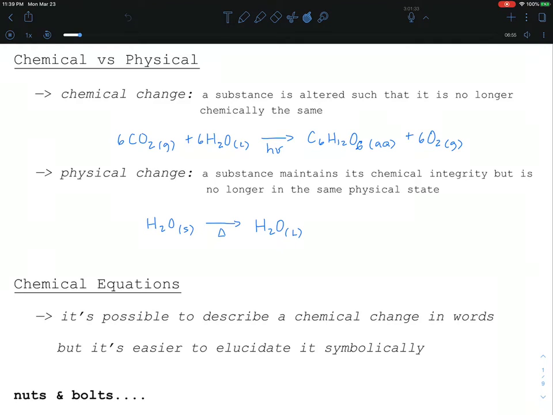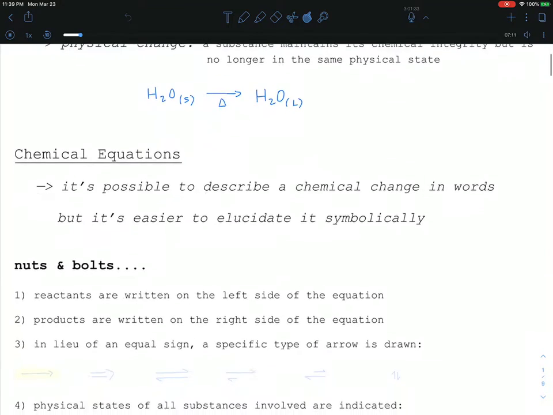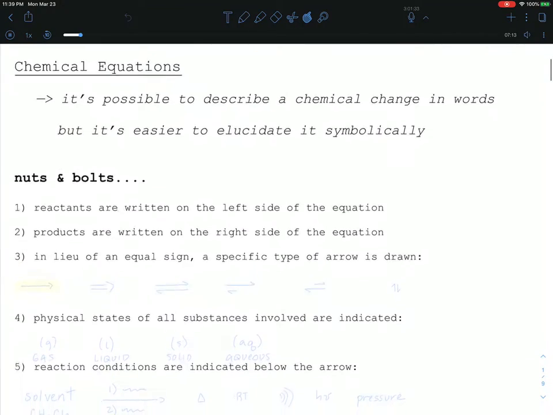We're going to go through all this stuff as we move through Chapter 7 and take some pieces of Chapter 8. We're going to start talking about chemical equations and the different types of reaction equations that there are. For one thing, we can talk about all this stuff all day long just using words. For us in chemistry, it's often easier to write down a reaction equation and keep everything simple, right at the top of the page.